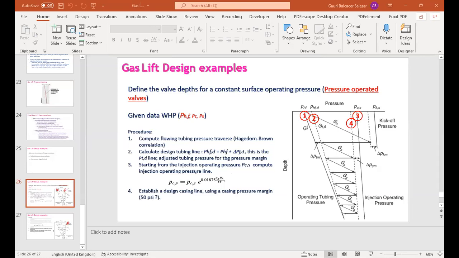So let's see the other case, when we have only 1 million standard cubic feet per day. In this case, the calculation is given by this equation. Gas lift ratio is the gas lift ratio from the formation plus the gas injected over the rate.